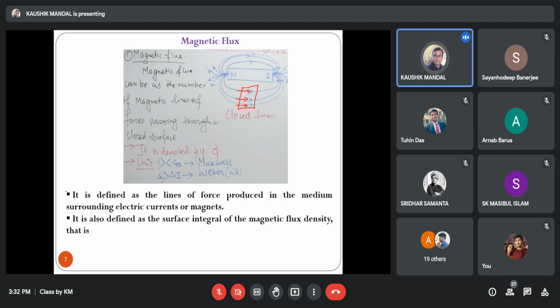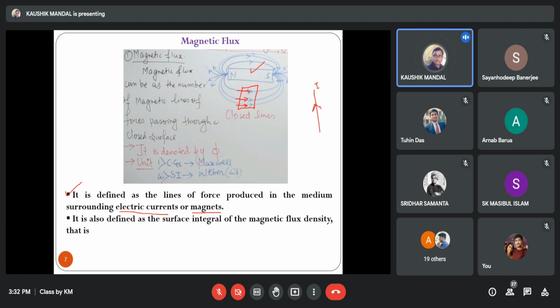So all the definitions are given. It is defined as the lines of force produced in the medium surrounding the electric currents or magnets. In this particular figure, we have considered magnets, and you know that if we consider a current carrying conductor carrying some current I, it will produce a magnetic field. That will be part of the discussion in the Biot-Savart law.